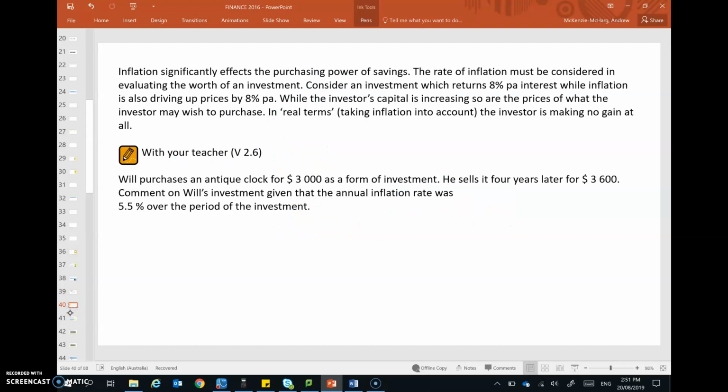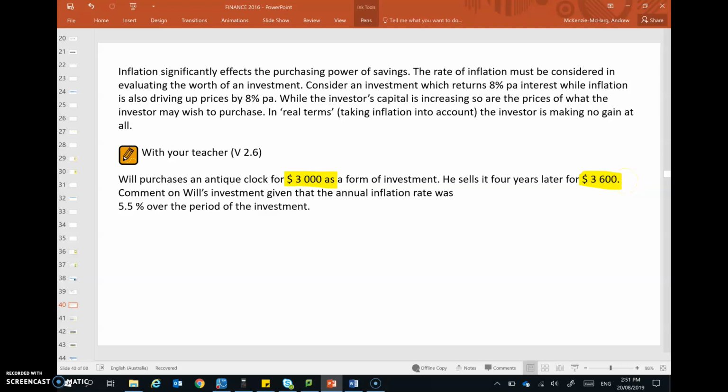Anyway, last example here is about investments in relation to inflation. And these are things you should consider in your future investments. So there are a couple of different ways to go about doing this one. We've got Will here, who's purchased an antique clock for $3,000. He sells it 4 years later for $3,600. So what's his profit? Well, he's made $600.